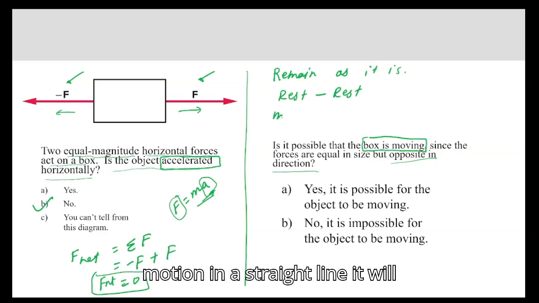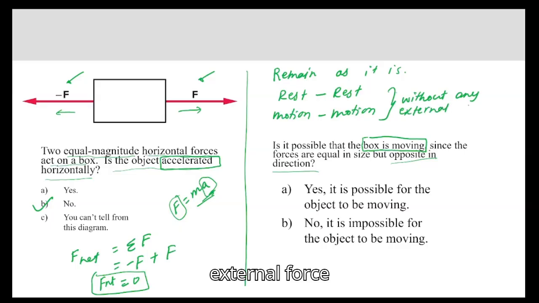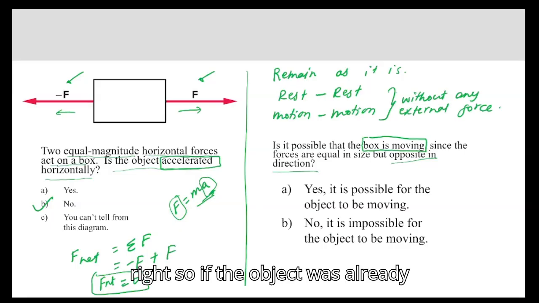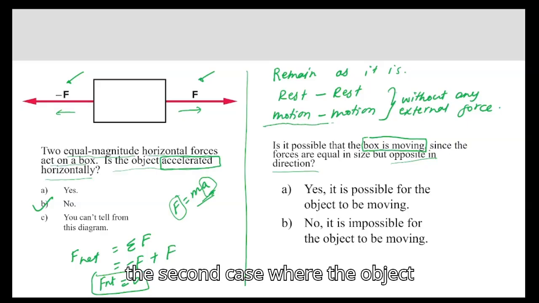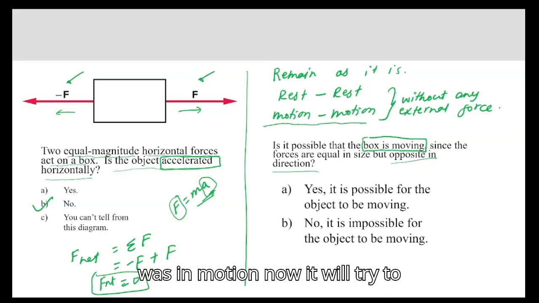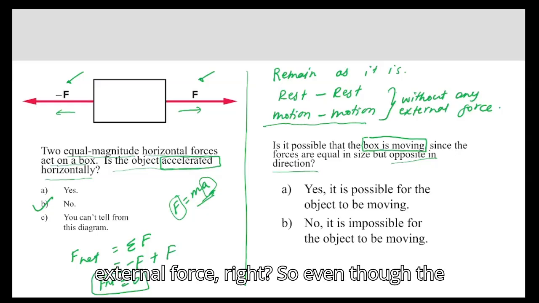If it's in motion in a straight line, it will remain in motion without any external force, right? So if the object was already moving, that means the second case where the object was in motion, now it will try to remain in motion even without any external force, right?